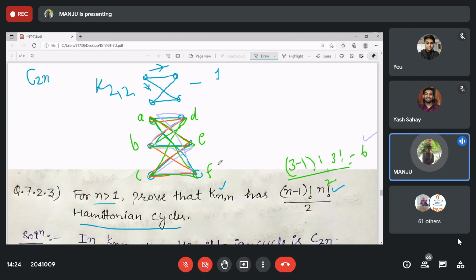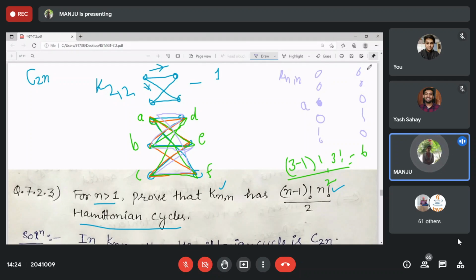And how many ways can we do it? If this is K n,n, then n vertices will be there, right? And so on here, n vertices will be present over here. Yes, fix some vertex over here. A, we have fixed it. Corresponding to this one, how many ways can we visit these n vertices?